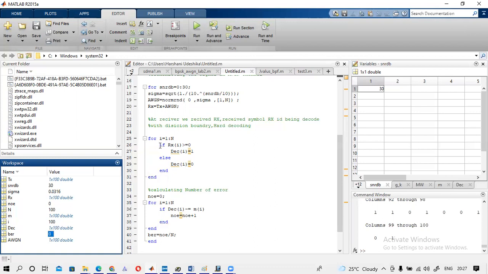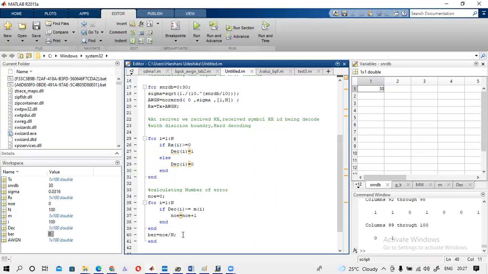So here we are calculating the bit error rate in every loop. I can generate another array.